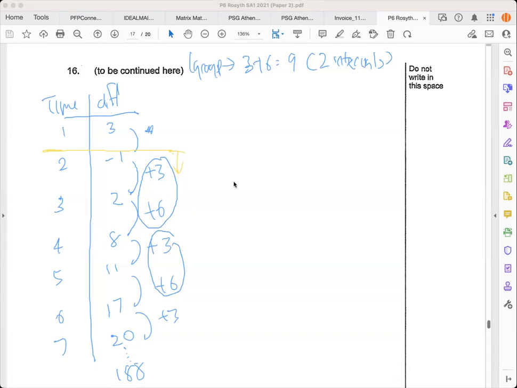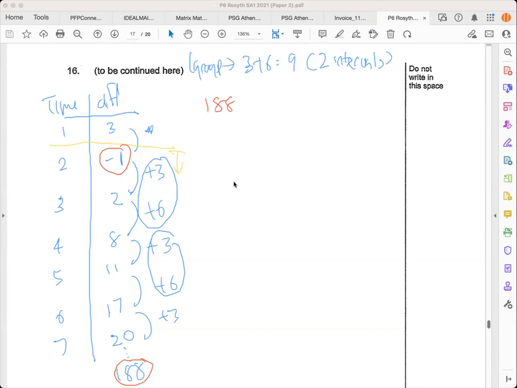Okay, so now the question is from -1. Oh no, I got it wrong. Let me get the thing out. So the question is, from -1 all the way to 188, how many groups of 9 have been added?